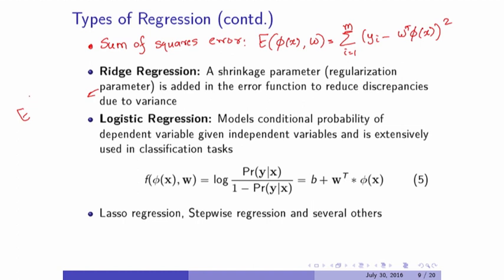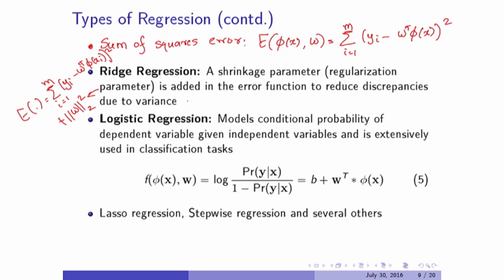So you consider the least square function, but to that you add a component norm w squared, the Euclidean norm of w squared, and this is added to reduce discrepancies due to variance. We'll present some very specific details of ridge regression in the following lectures.